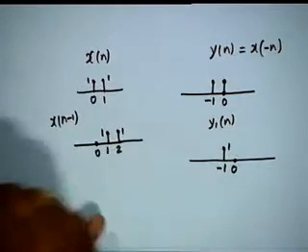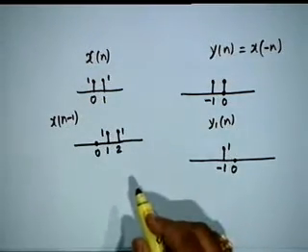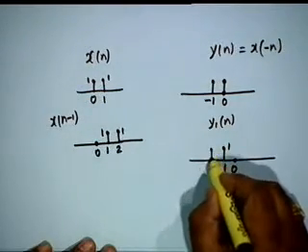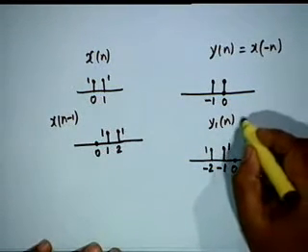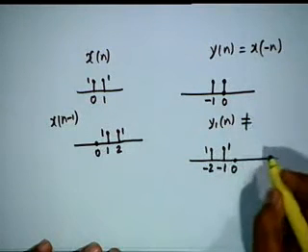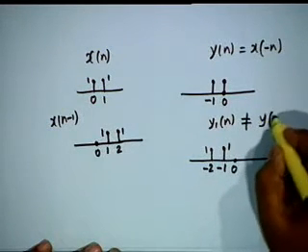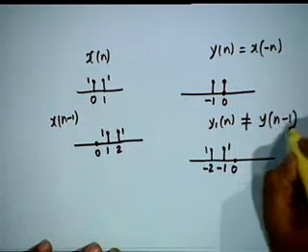This signal is simply folded back, so another sample of amplitude 1 at minus 2. This is y1 of n, which is obviously not equal to y of n minus 1.